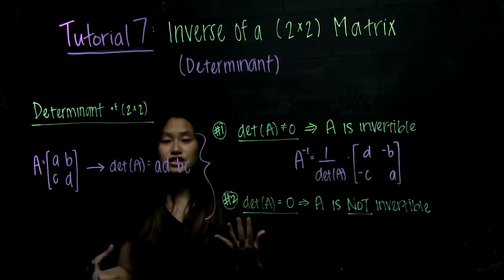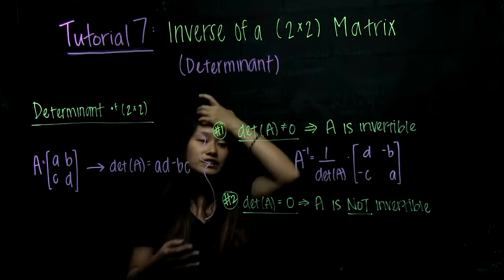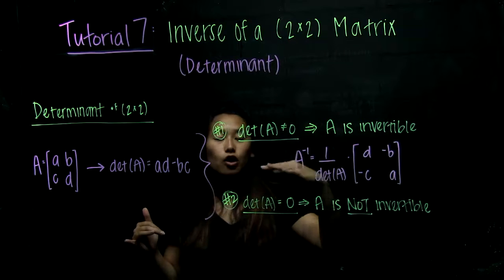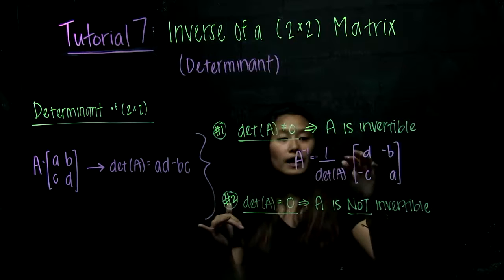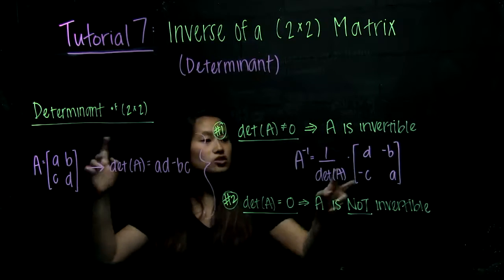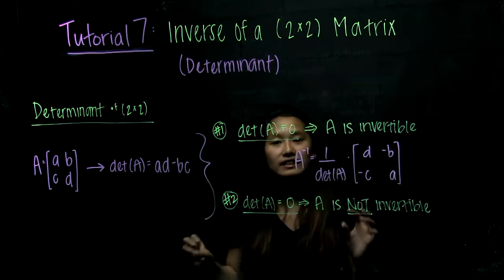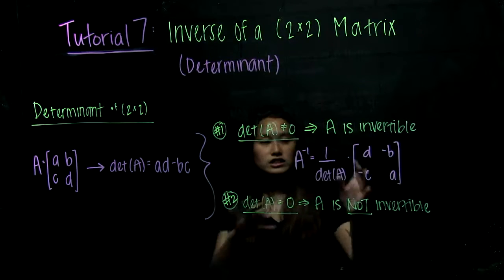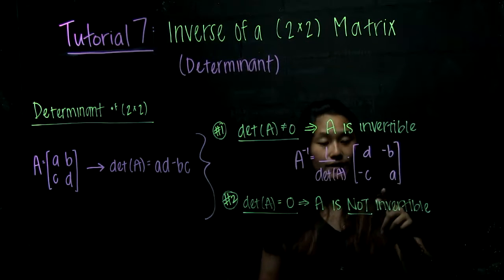And to find the inverse of the matrix, this is the equation that you would use, where the inverse of this sample matrix A is equal to 1 over the determinant of A, which is solved for before, multiplied by the matrix where A and D swap places, and B and C stay at the same location, but they swap signs. So as you can see here, it becomes D, negative B, negative C, and A.